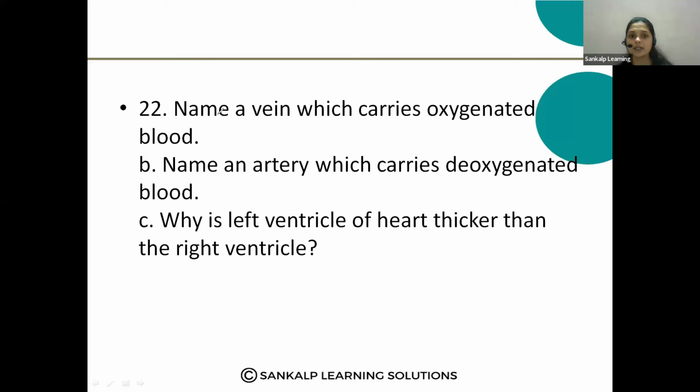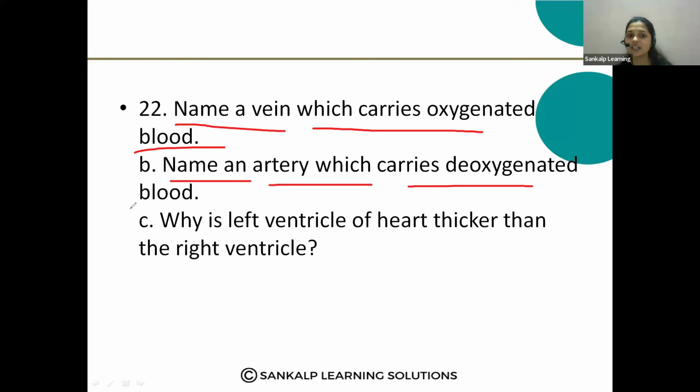Next question is: name a vein which carries oxygenated blood. Name an artery which carries the deoxygenated blood. Why is the left ventricle of the heart thicker than the right ventricle?